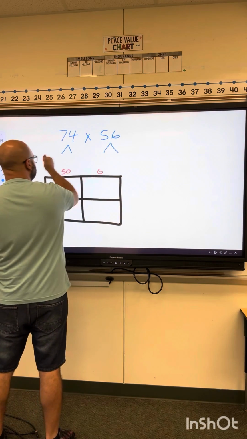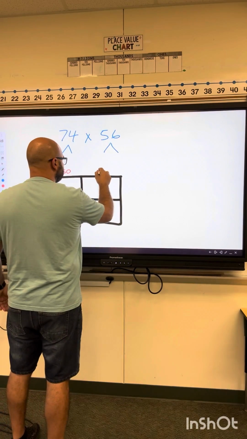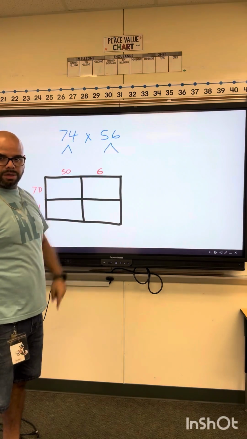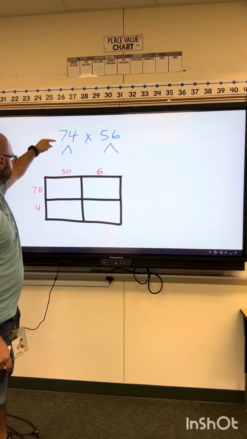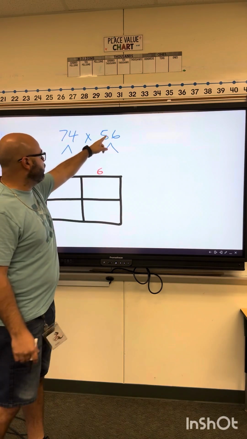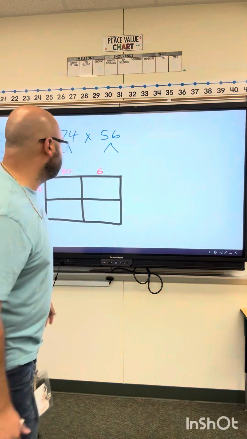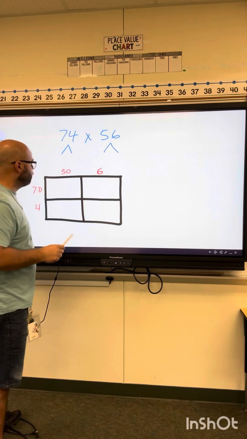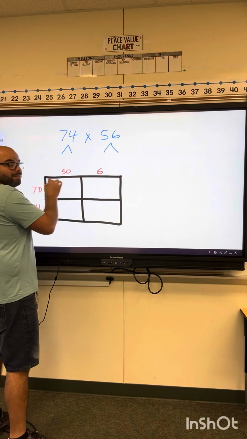Now we have our area model drawn out with the value of each digit. The value of 74 is 70 and 4, and 56 is 50 and 6. Now you're going to figure out what multiplication equation I am solving in this box.